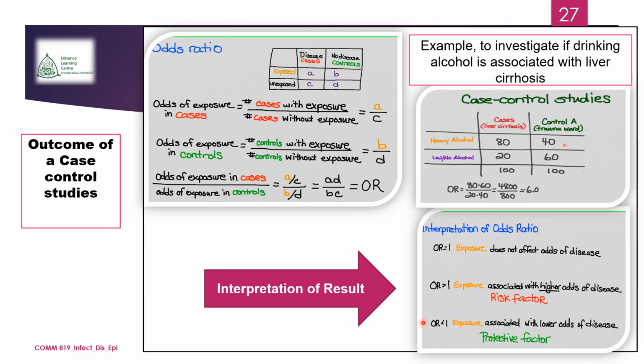If the odds ratio is less than 1, it means the exposure, rather than being harmful, is beneficial. That's a protective factor. But with this, our odds ratio is greater than 1.